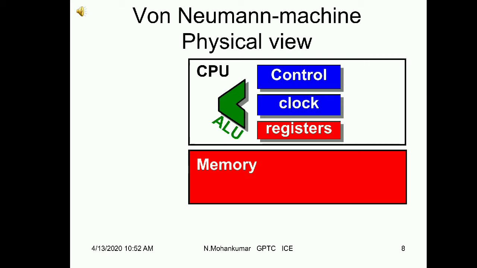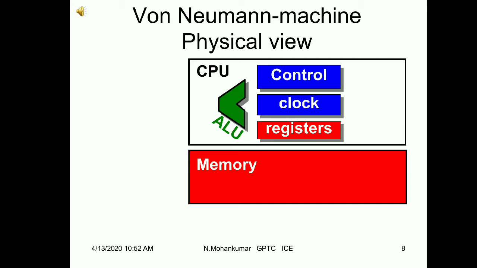Here the memory is nothing but a group of registers. You can view this memory as a large group of registers to store the data as well as the program. So in von Neumann machine architecture, both program and data will be stored in a single memory space.